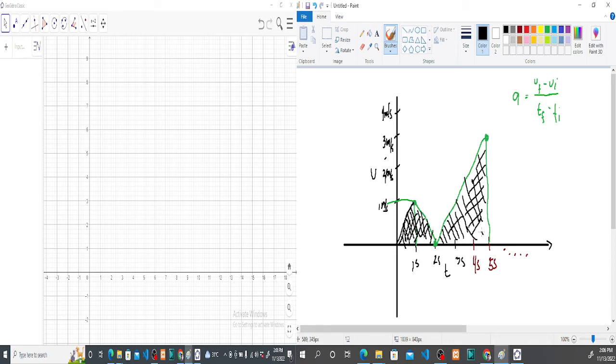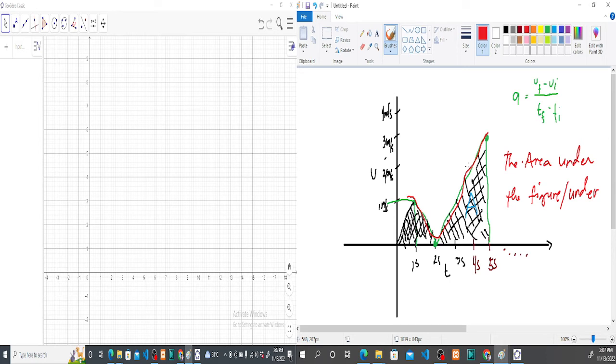okay, so this area gives the total distance traveled. Alright, so the area under the figure, or under the curve, so sometimes it's a curve, so you can see that there is a curve right there.